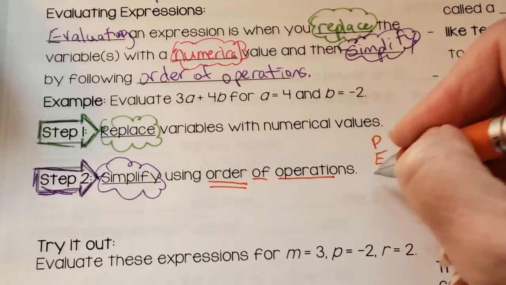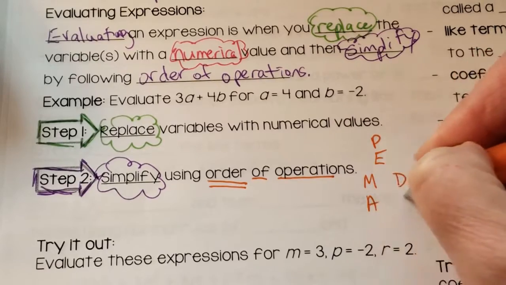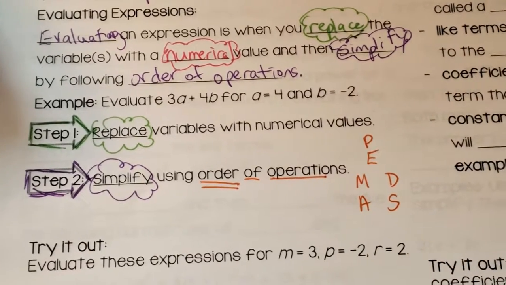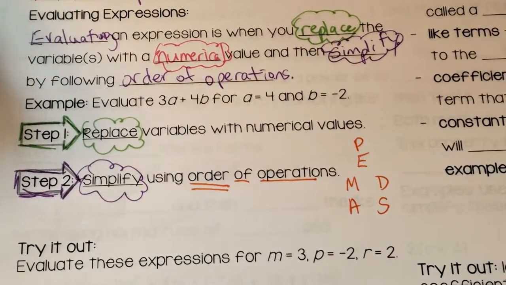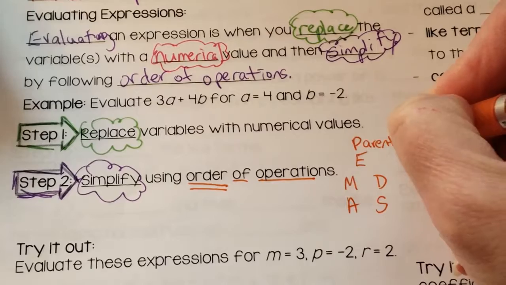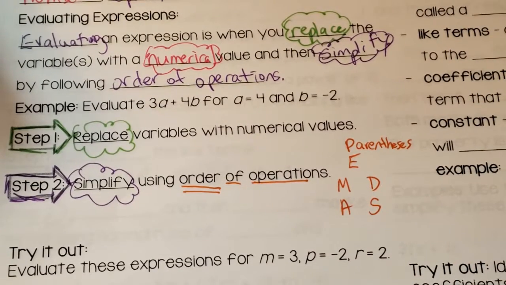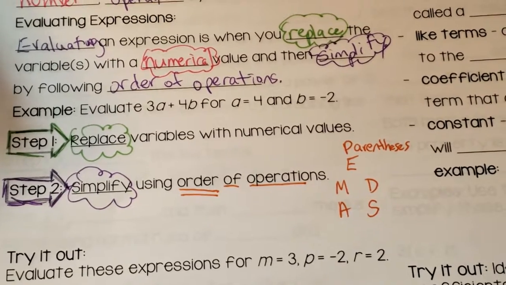Please excuse my dear Aunt Sally. And that's a great acronym to help you remember basically the order, but there are a couple of things to keep in mind. P stands for parentheses. If you have any parentheses or grouping symbols, they don't have to be specifically parentheses, they could be brackets. You're going to work with those first and get those resolved and simplified.